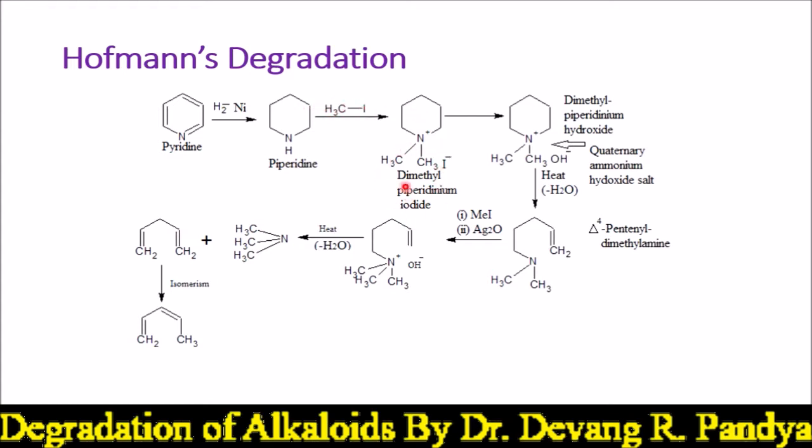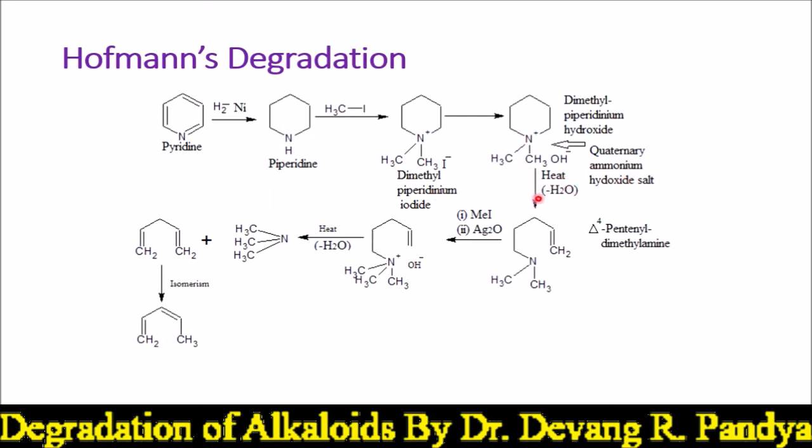So we get dimethyl piperidinium iodide, and again we perform the methylation in basic condition. Dimethyl piperidinium hydroxide is obtained, which is a quaternary ammonium hydroxide salt.